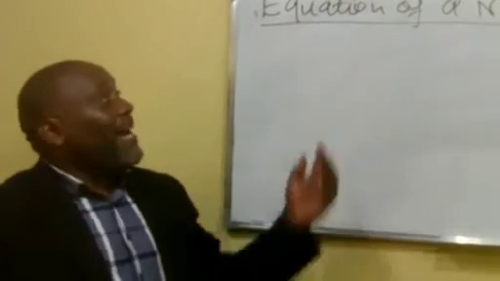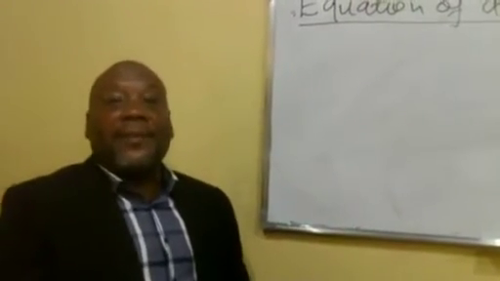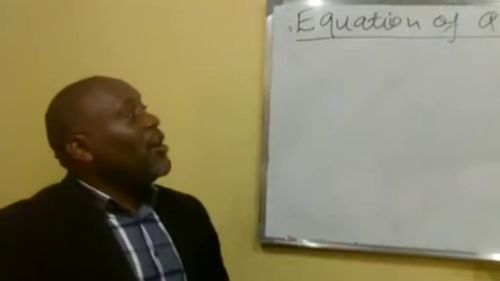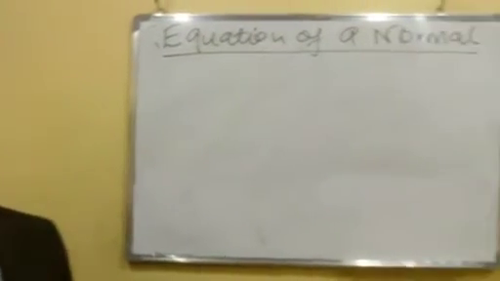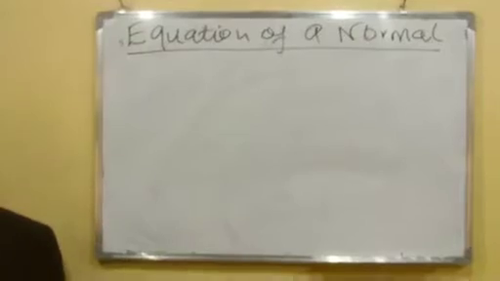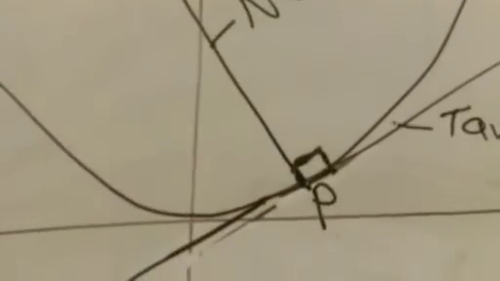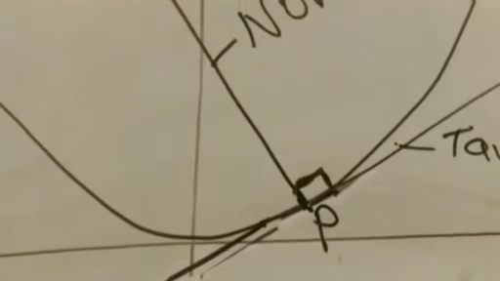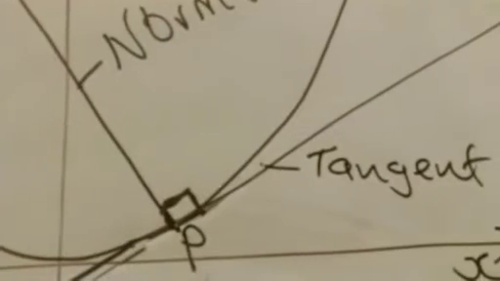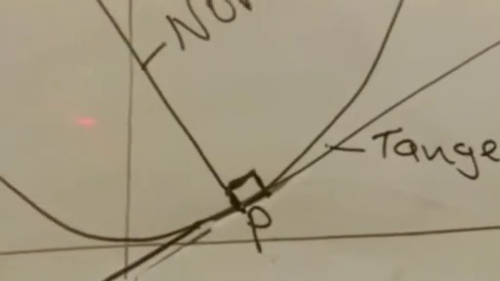There's another part I want us to deal with, which is the equation of a normal. This line here is what we are calling a normal. The normal and a tangent meet at that point at 90 degrees. They are perpendicular to one another.